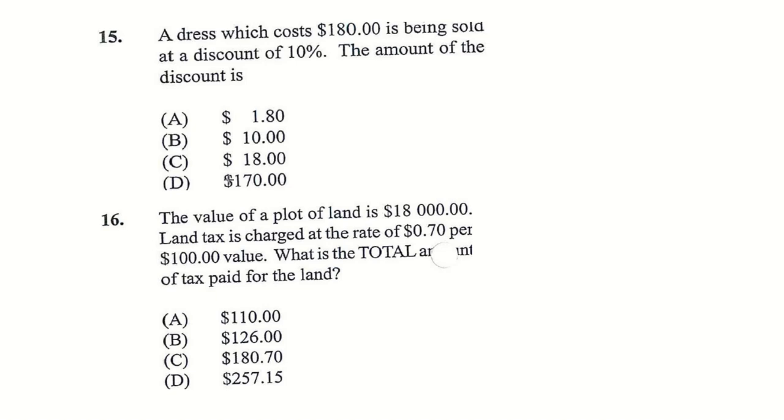Right, the amount of the discount, 10% of 180 is $18. We did this question already. If I'm not mistaken, the value of a plot of land is 18,000. Land tax is 70 cents for every 100. We asked how many hundreds. That's 180 multiplied by 0.70, which is 126.